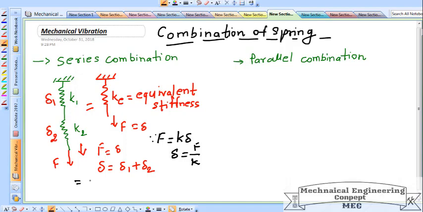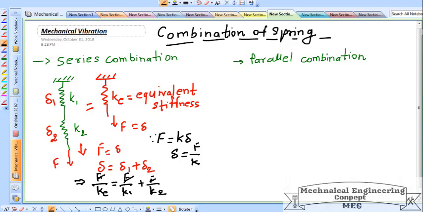So this equation can be written as load upon stiffness. The stiffness will be the equivalent stiffness for the total displacement here, and del 1 will come out as F divided by K1 plus F divided by K2.